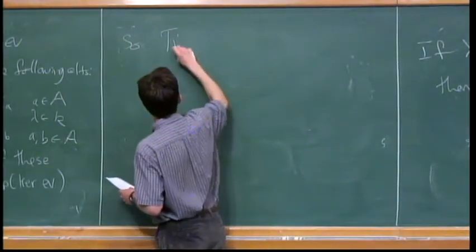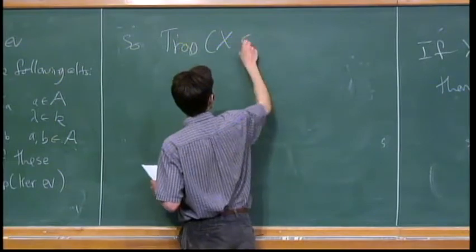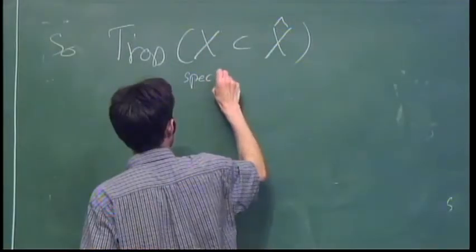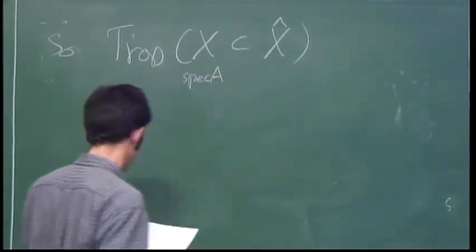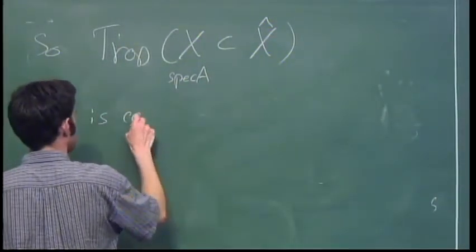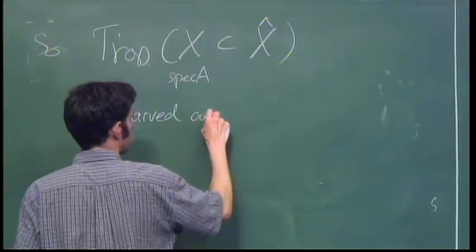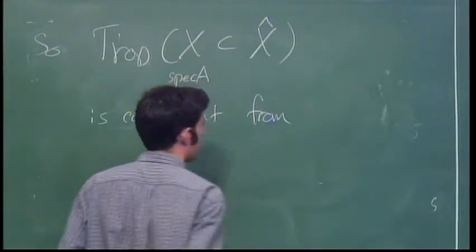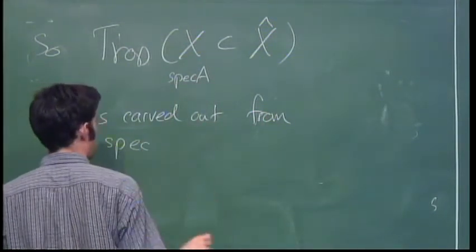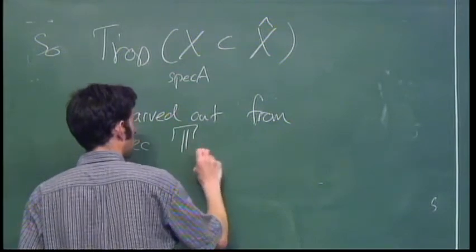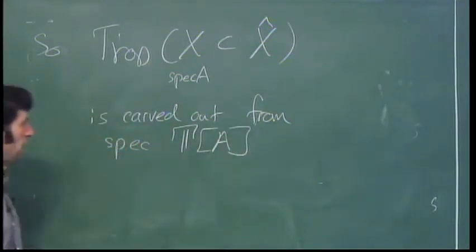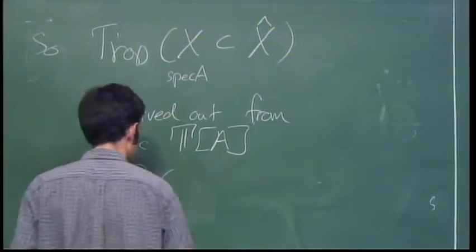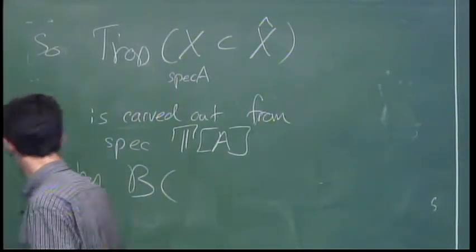So the tropicalization of x inside x hat, where x is spec A, is carved out from spec of T adjoin A by the bend relations of, I have to evaluate the coefficients.